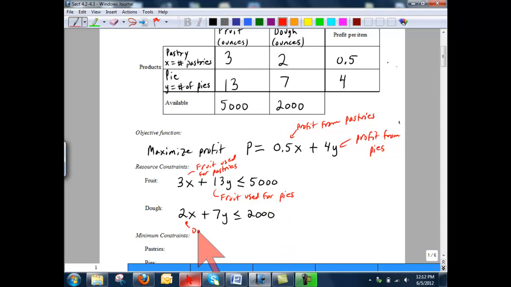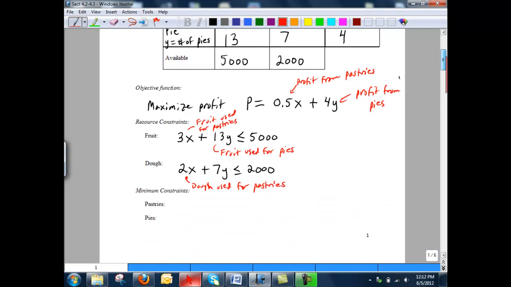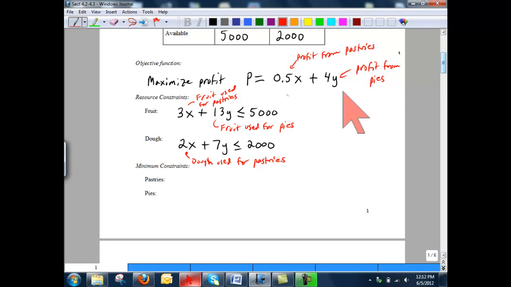So similarly, this is dough used for pastries, and the 7y is dough used for pies. So again, our goal is to choose x and y so that profit is as large as possible, but I can't just choose any x and y that I want. The x's and y's that I choose have to obey these two inequalities when I plug in for x and y in the expressions.